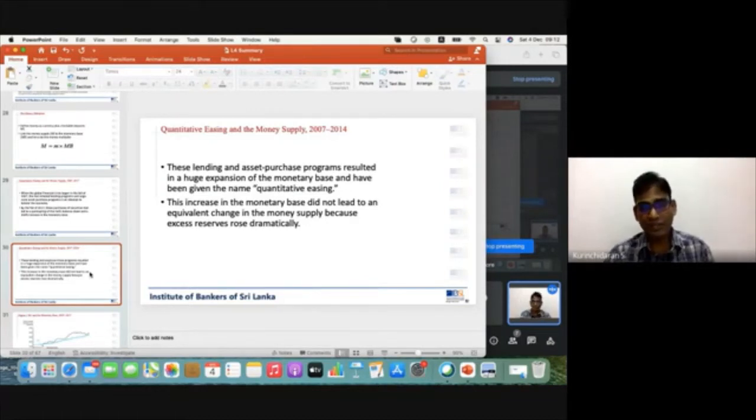Now, in layman's terms, if the central bank prints money and supplies it, that's quantitative easing, because the general public will get more money, as an example.